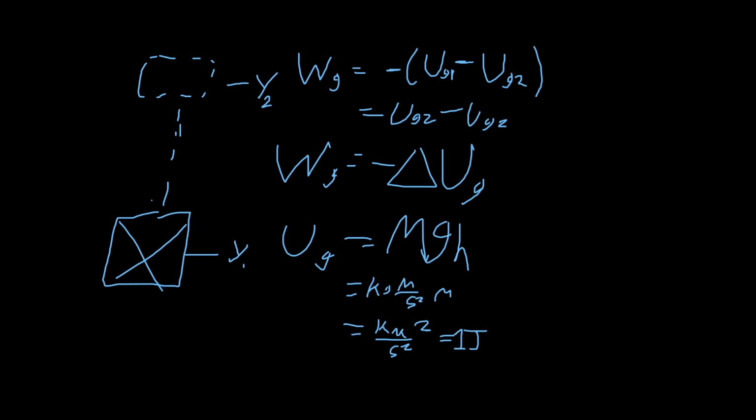Now let's move on to a practice problem where we can implement this quick idea that we just introduced. So let's say that you held up a rock right here 5 meters above the ground, and the rock weighs 2 kilograms. Now the question asks, what is the gravitational potential energy the rock has?